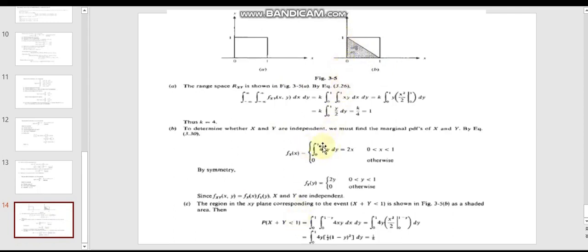So I will integrate from 0 to 1 along the y direction, and integrate the PDF from 0 to 1 along the x direction. So I will get the probability of x plus y less than 1, which after solving is equal to 1/6.